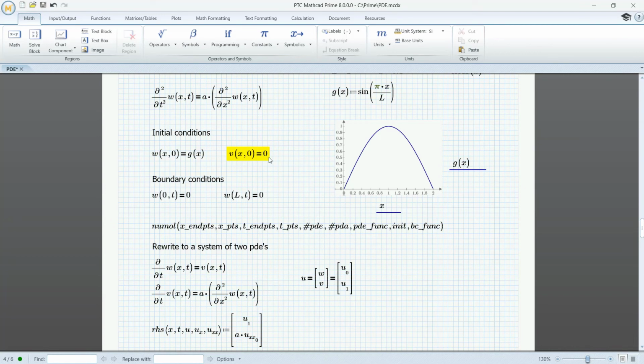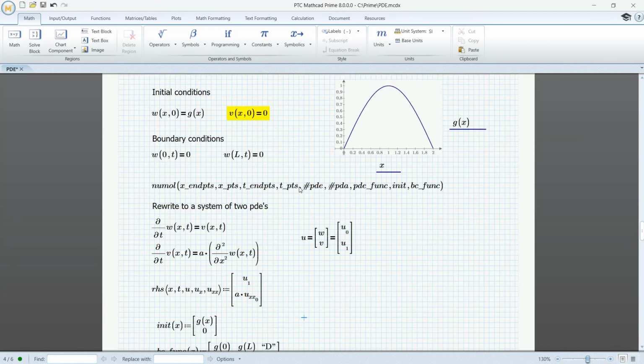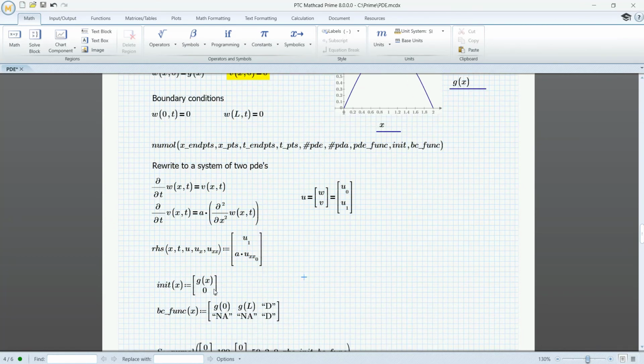I've set it to 0. So this is our init function, g of x, and 0 for the initial condition of v. The BC function: g of 0, g of L, this is 0 as the string is fixed.